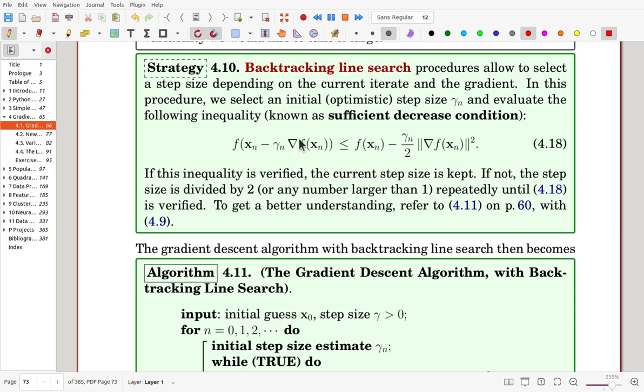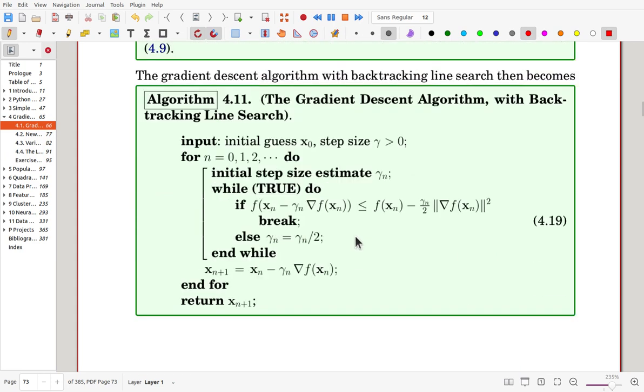Let's look at the strategy formulated in the algorithm here. Same initial point x0 and gamma. Now, for each iteration, we have to decide gamma n.